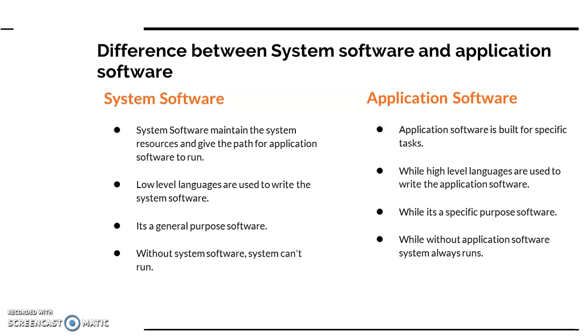But if you uninstall your operating system, can you further run your applications? No, without system software it will be difficult to run your system. So these are the differences between system software and application software.